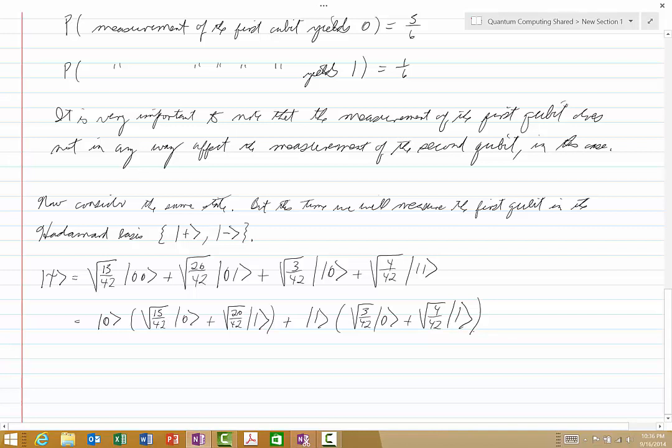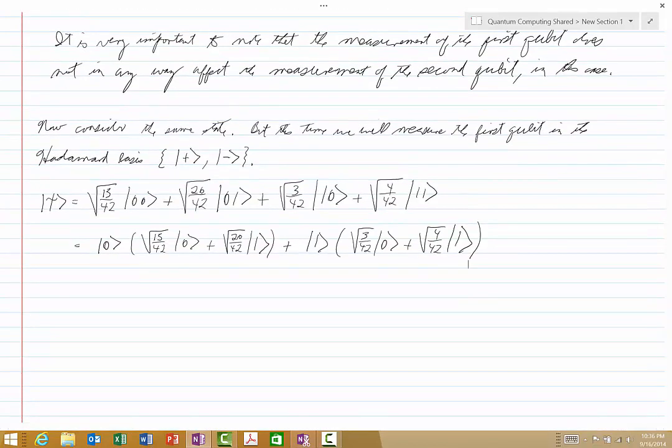Now, since we are measuring the first qubit in the Hadamard basis, let's go ahead and express this |0⟩ and this |1⟩ in terms of the Hadamard basis. So we have 1 over square root of 2 (|+⟩ + |−⟩) and square root of 15 over 42.